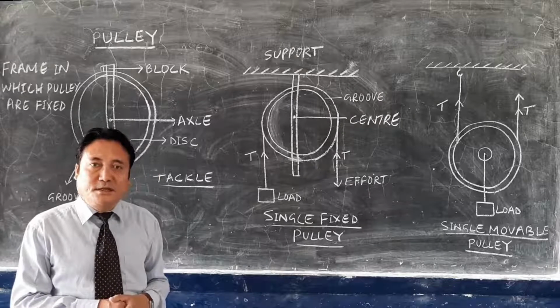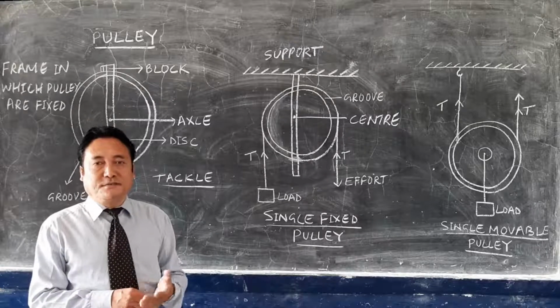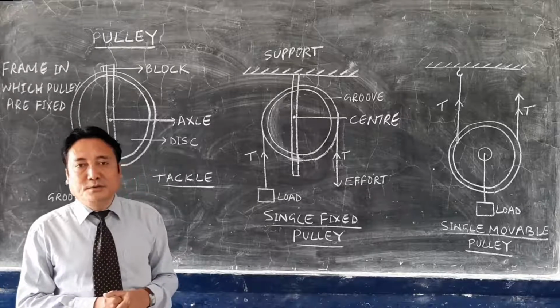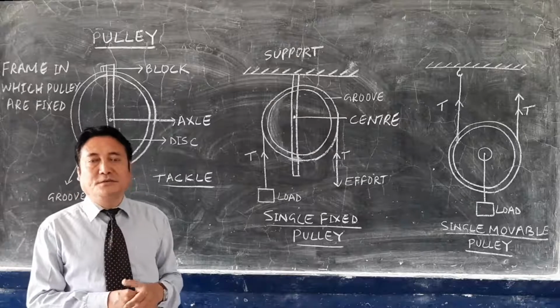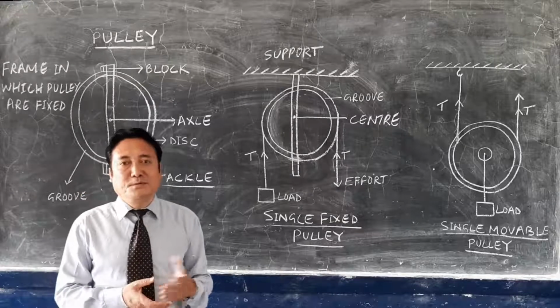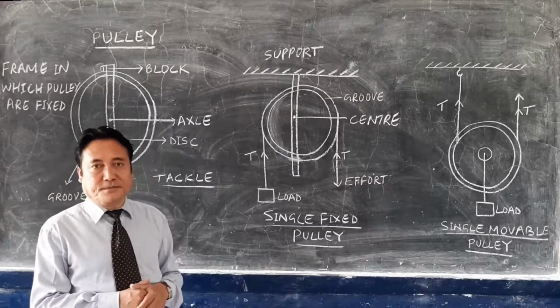They are installed in a crane to lift or transfer construction material. They are used in the villages to draw the underground water. In so many fields, in so many places, these pulleys are used.